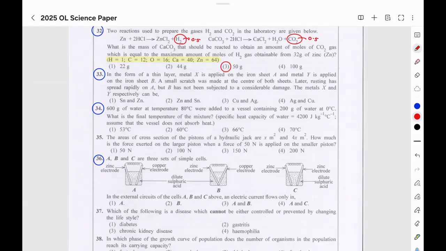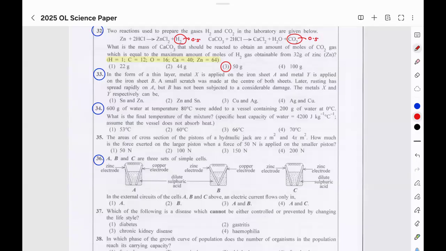What is the answer for this one? Again, I'm reading the question. Metal X is applied on the iron sheet A. Metal Y is applied on the iron sheet B. A small scratch was made at the center of both sheets.